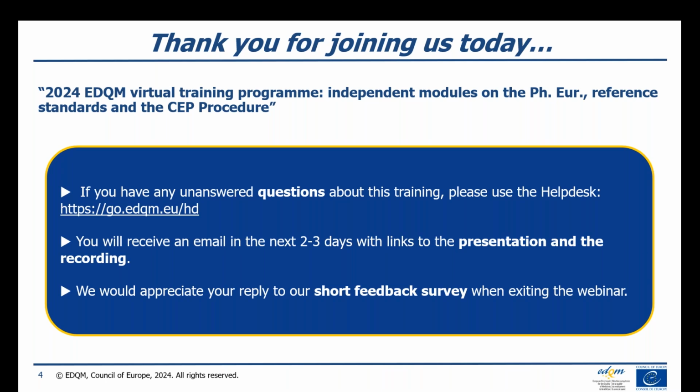Okay. Then there's another question. Would you accept a lab that establishes an in-house secondary reference standard and qualifies it against the USP reference standard, or would you always expect to see qualification against the European Pharmacopoeia?